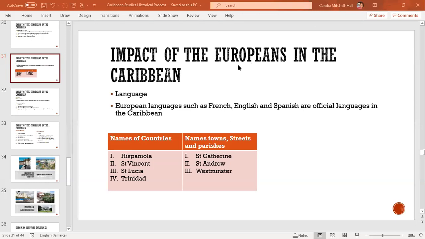Also our names of towns and streets, St. Catherine, St. Andrew. In almost every Caribbean country, you have some St. Andrew as a parish. Westminster Street. Any other European names in our territories? Trafalgar.